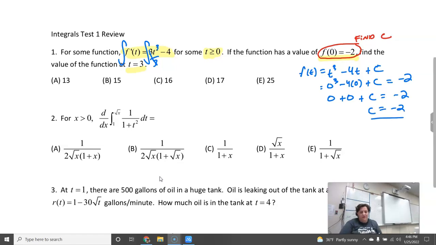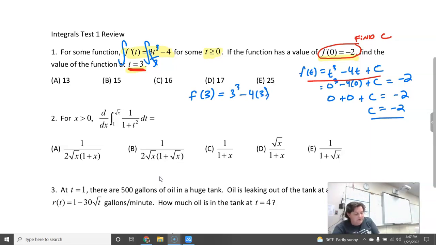All right? So that's not what it's asking me, obviously, so I got to keep going. Find the value of the function at 3. So let's go back to my f of t right here, and let's find out what f of 3 is. Okay, it's going to be 3 to the third minus 4 times 3 plus a constant.